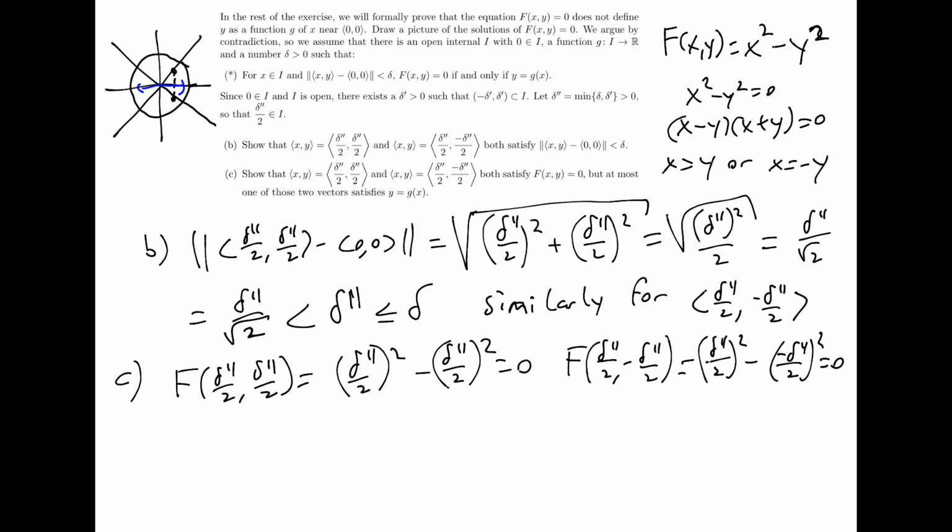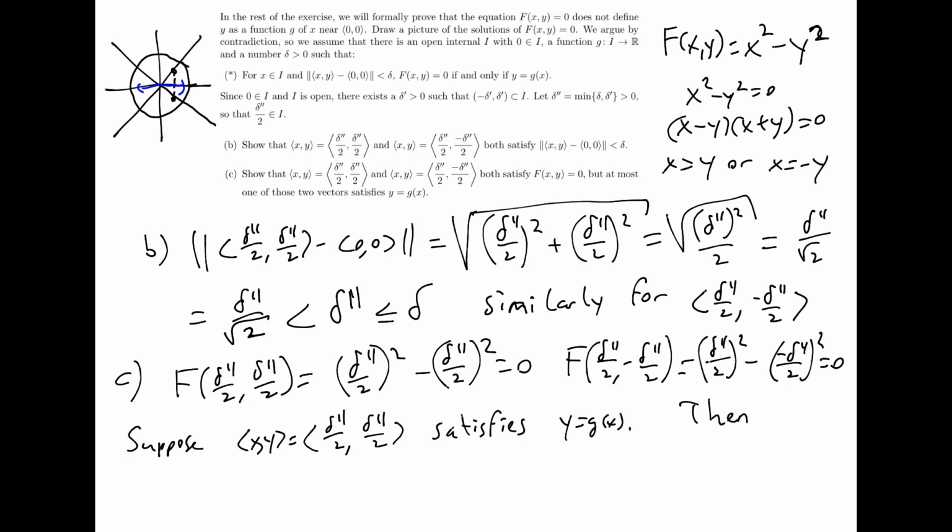Okay, we have to show that at most one of the two vectors satisfies the equation. So let's suppose that the first vector satisfies the equation. So suppose the point (x, y) equals (delta double prime over 2, delta double prime over 2) satisfies the equation y equals g of x. Then, now we need to show that the second one cannot possibly satisfy this equation. Well, let's look at g of the point delta double prime over 2.